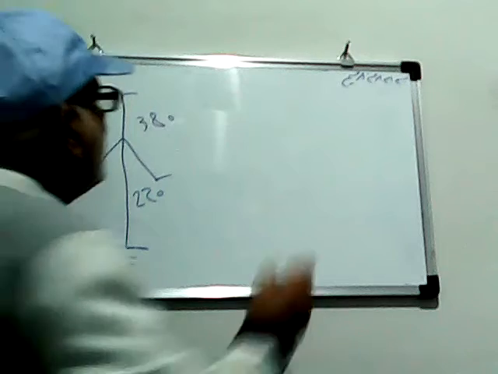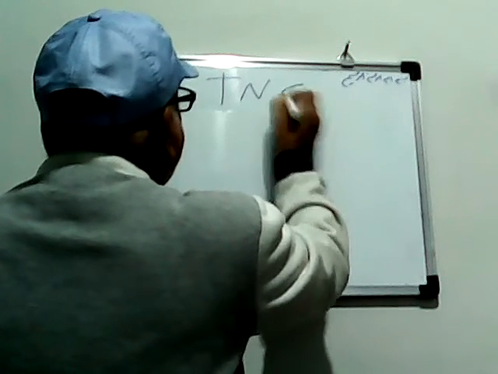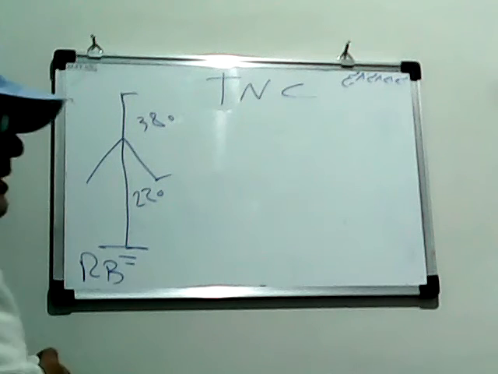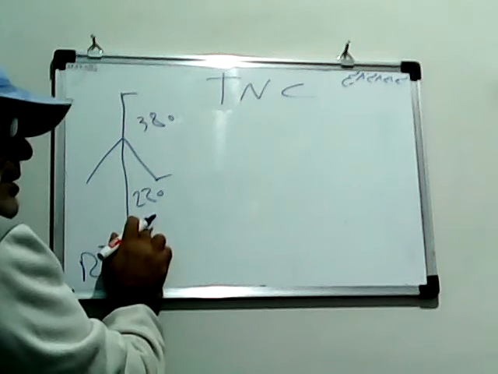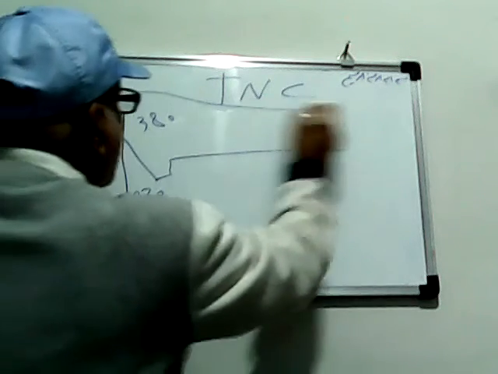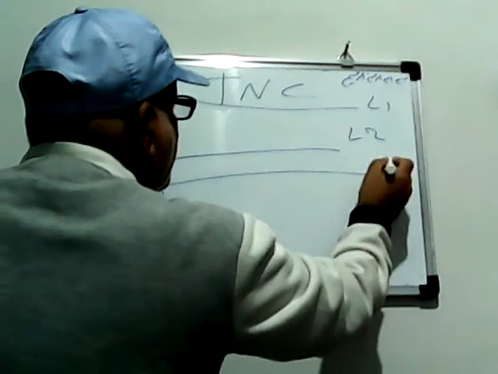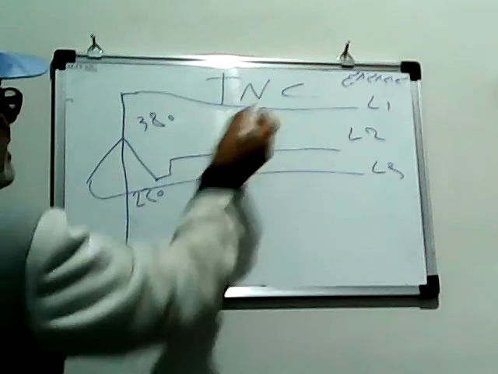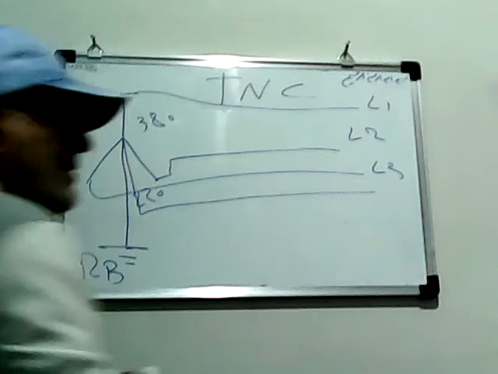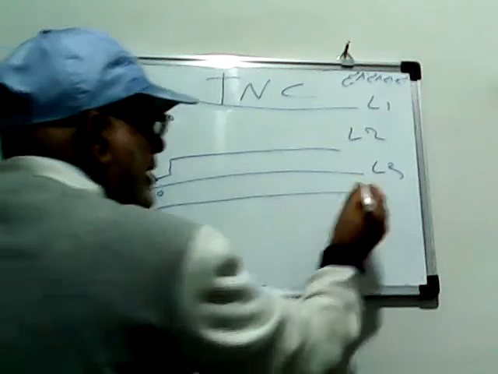Okay, first we want to talk about TN-C. T, we have the earth electrode at the post. We have L1, L2, L3. C, we have a PEN, because protective earth and neutral are joined together, not separate.